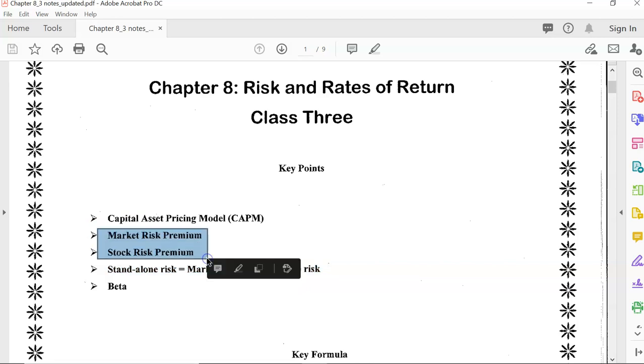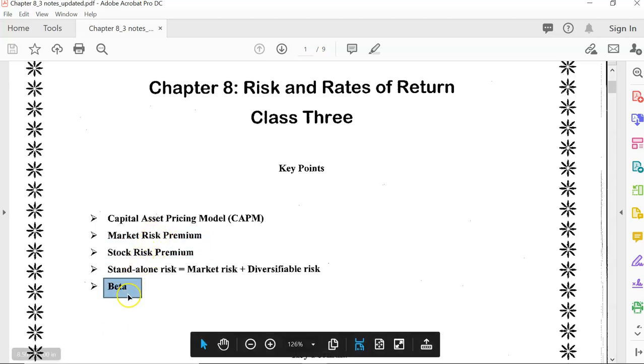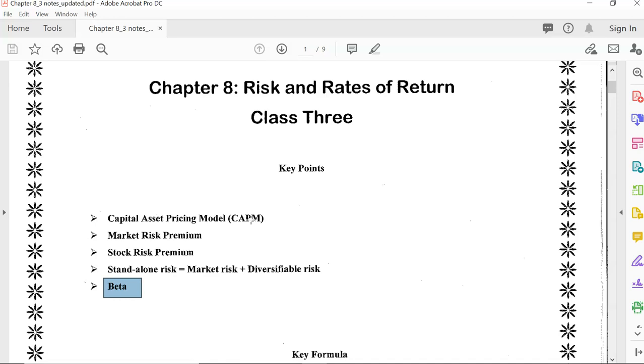So the new concepts here would be market risk premium, stock risk premium, and beta. These concepts will be used in the capital asset pricing model, which is one of the most basic models in modern finance theory, and we're going to use it to price a stock or to evaluate stock return.